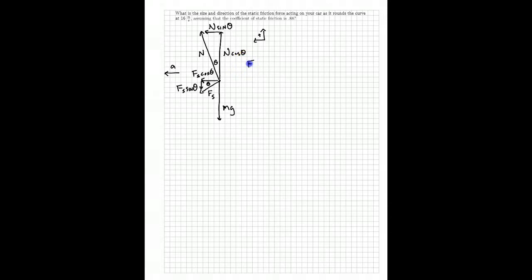Alright, F nets. In the x dimension, I have n sine theta and F sub s cosine theta, and that has to equal mv squared over r. I choose v squared over r instead of 4 pi squared r over delta t squared because I'm dealing with speeds here and not period.